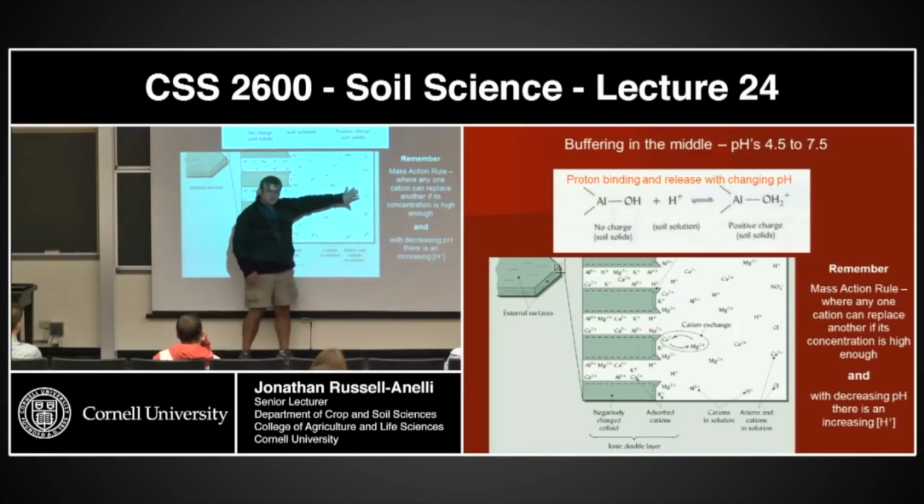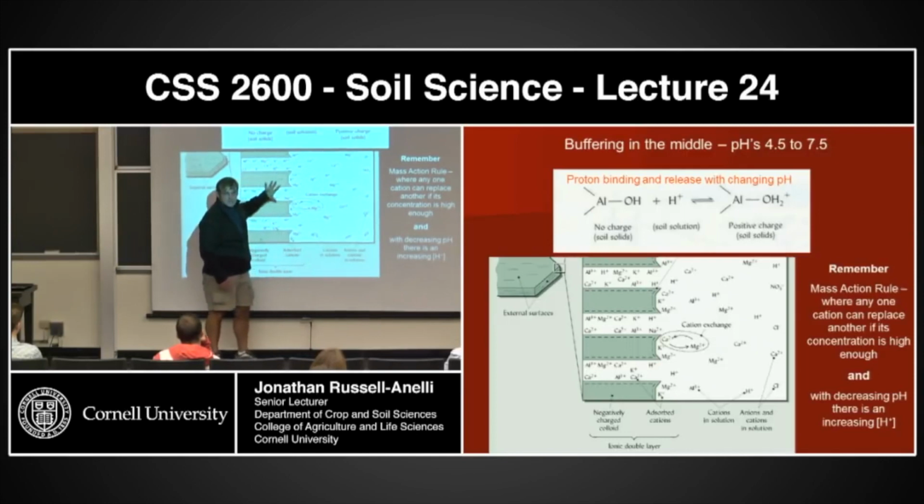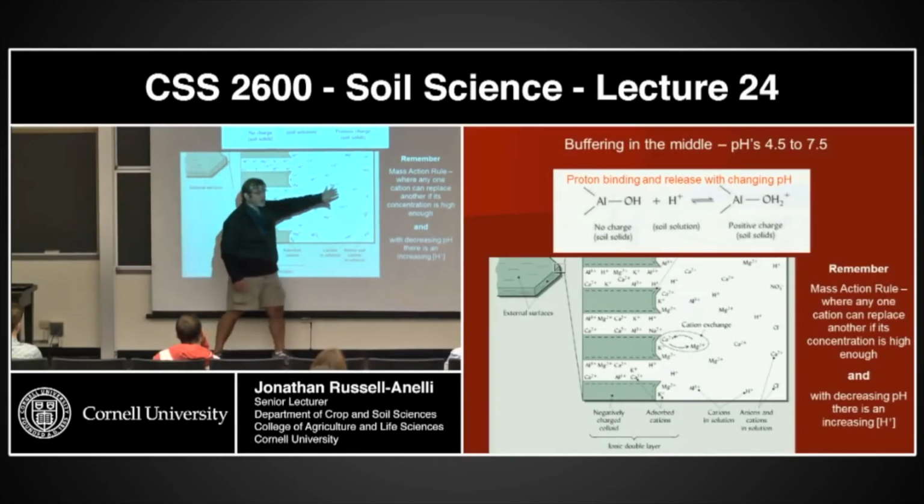If I add protons and I have a high base saturation, those protons are going to knock the bases off their exchange complexes, and it's going to remove a proton from the soil solution for every exchange, right? So as a result, the active pool, the active acidity, is resisting pH change. Okay? I keep driving it down, add more and more protons, and sooner or later I'm going to get really low pHs.